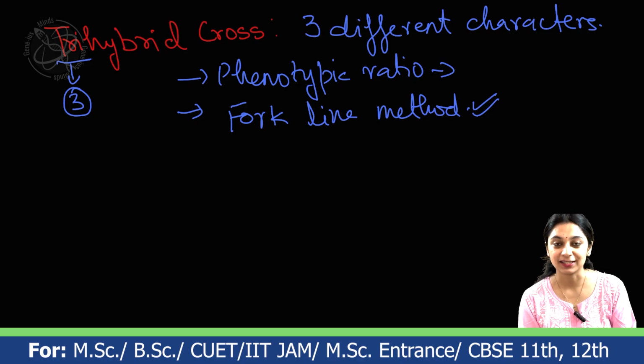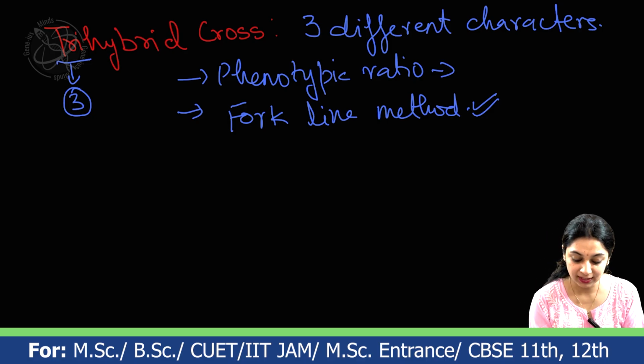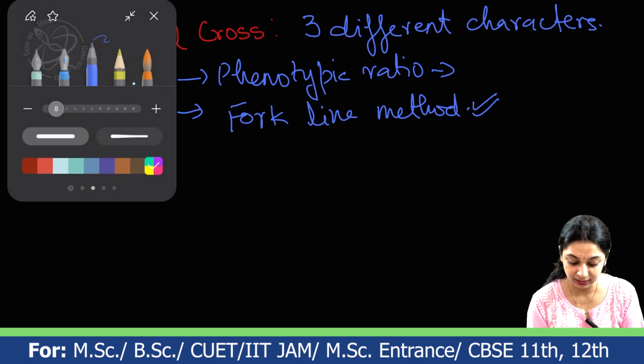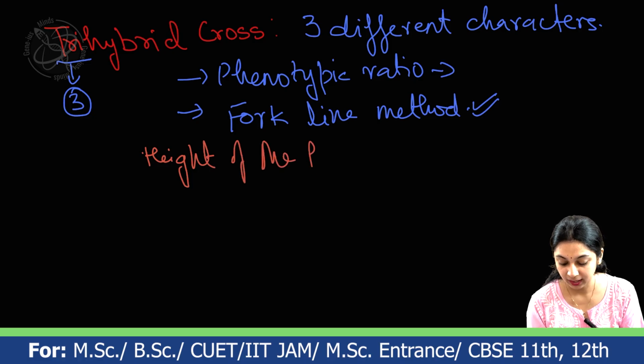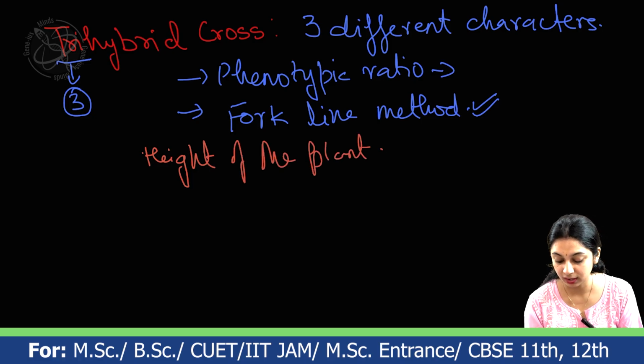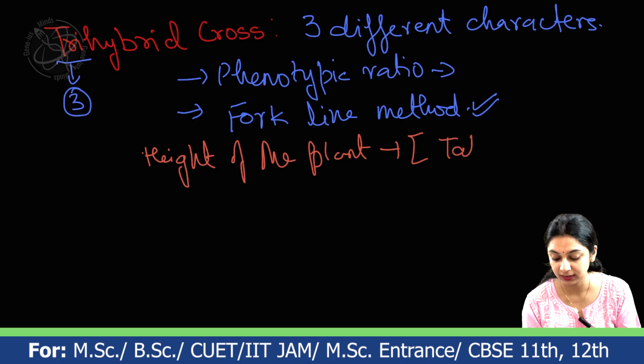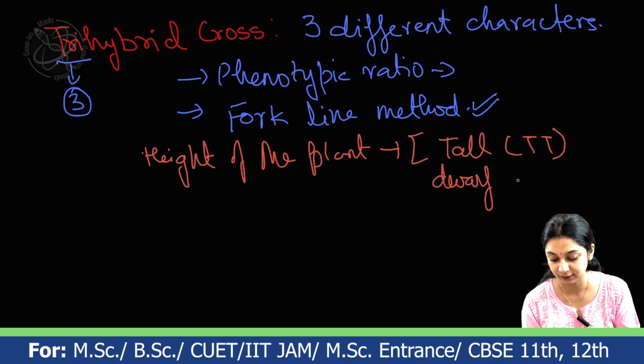So let's get started. For today's lecture, the 3 different characters we are going to select are, first, the height of the plant. As you all know, when we talk about the height of the plant, we are discussing the tall character, which is the dominant one, and the dwarf one, which is the recessive one.